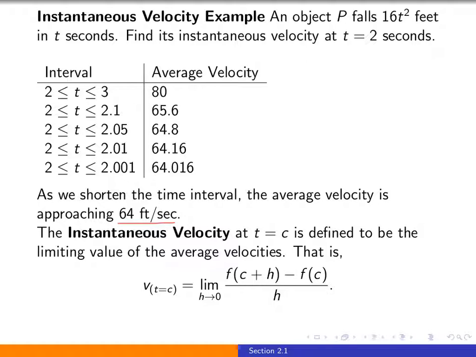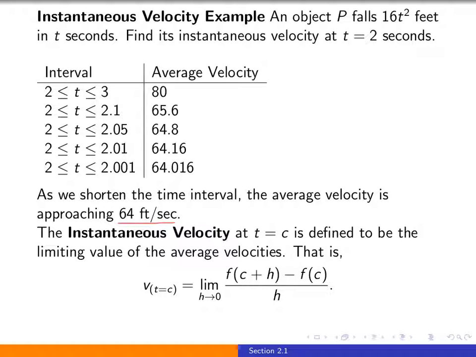In general, the process that we've defined is that the limiting values of the average velocities will be the instantaneous velocity. So the instantaneous velocity at time t equals c is the limit as h approaches 0 of f of c plus h minus f of c, over h.